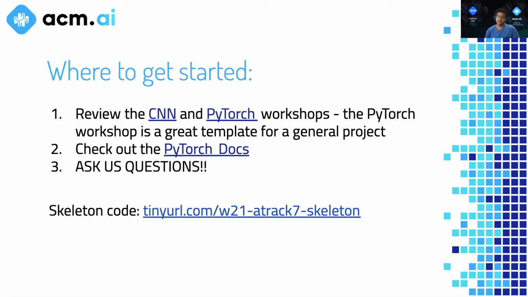If you want a refresh on what those were, those slides are going to be helpful. And the PyTorch workshop, obviously, because of the code and the syntax. The skeleton code is on the link on the slide. So go ahead and download that notebook and get started.